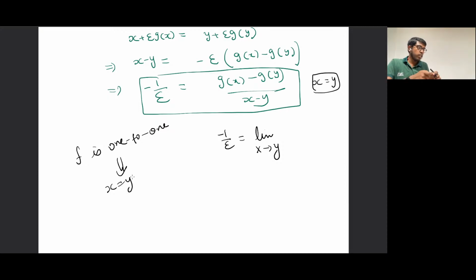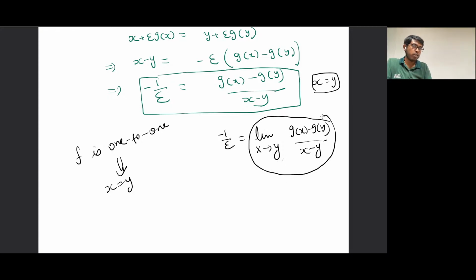So I'm assuming x tends to y, and the limit of (g(x) minus g(y)) by (x minus y), what is this value? This is precisely g prime at x.